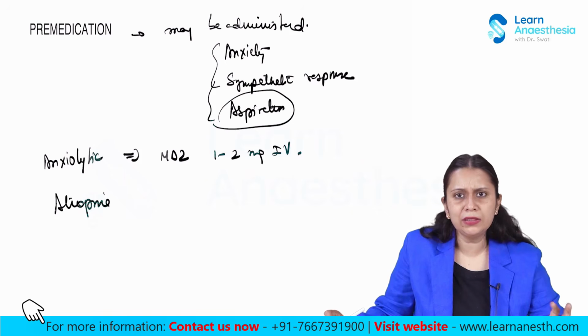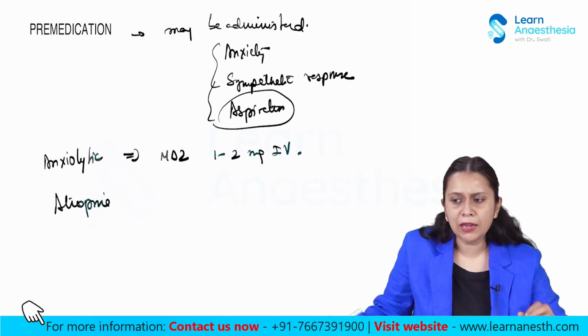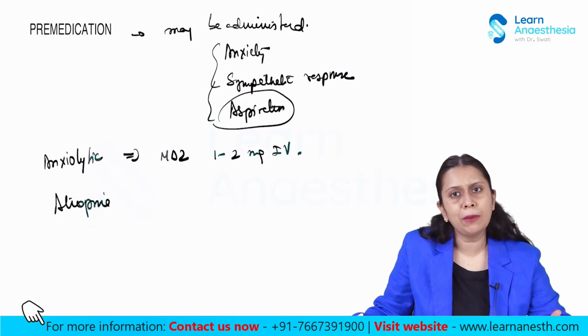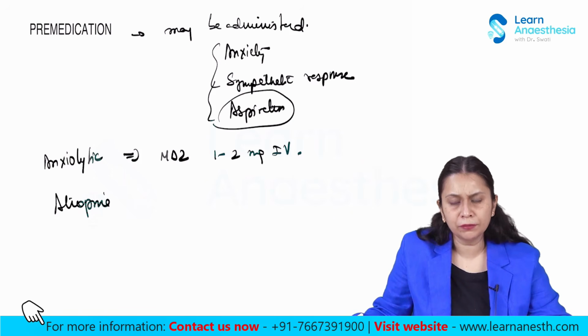Here also, I will see the age of the child. In children, the risk of parasympathetic overdrive is higher, and during airway manipulation, parasympathetic overdrive can occur. So in children especially, I can go for atropine pre-medication.